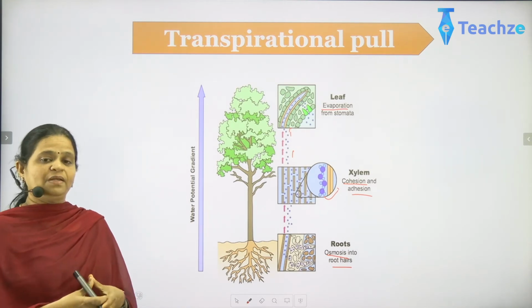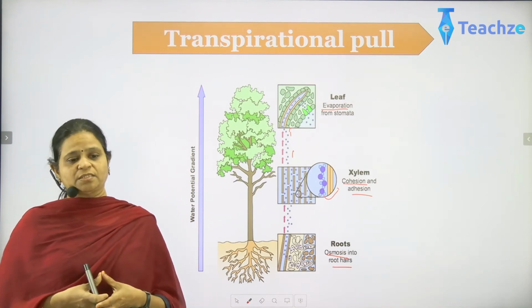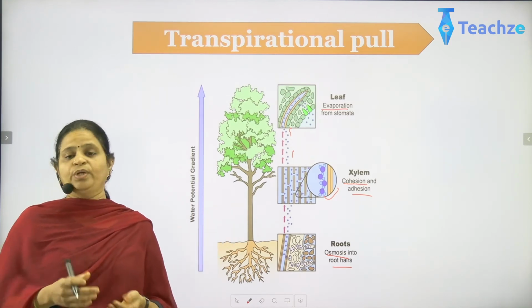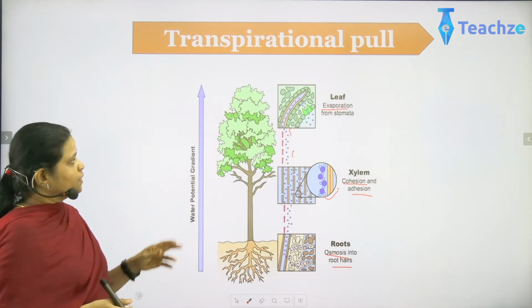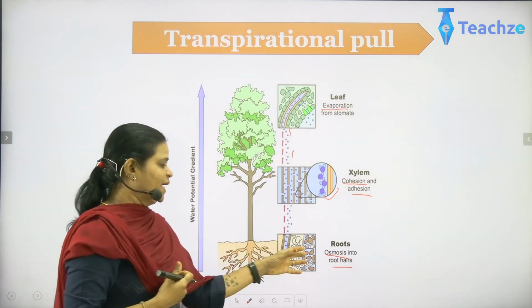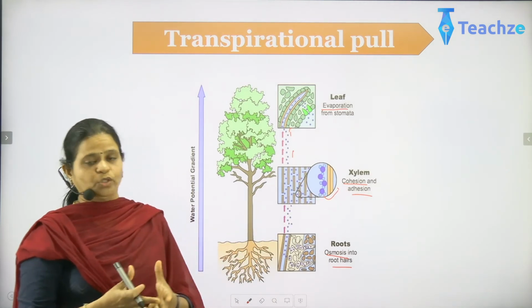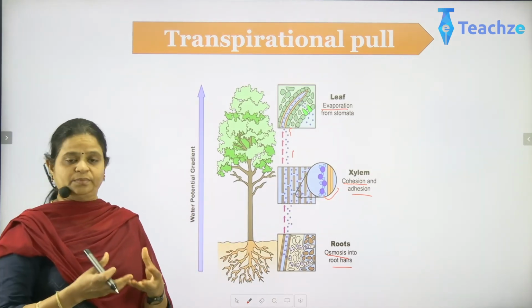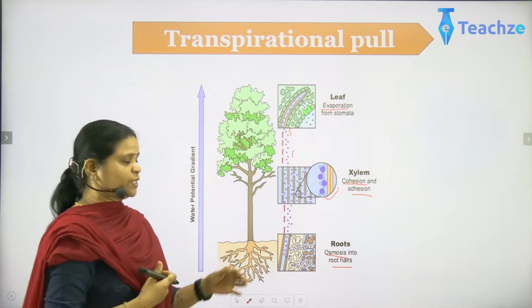Now this theory will be the only theory which can explain this, because all the other theories help us to understand only the small plants, not the tallest of trees. This theory happens on three different aspects. One is the initial osmosis. The next one will be the water molecules and the xylem vessels being in contact by cohesion and adhesion.